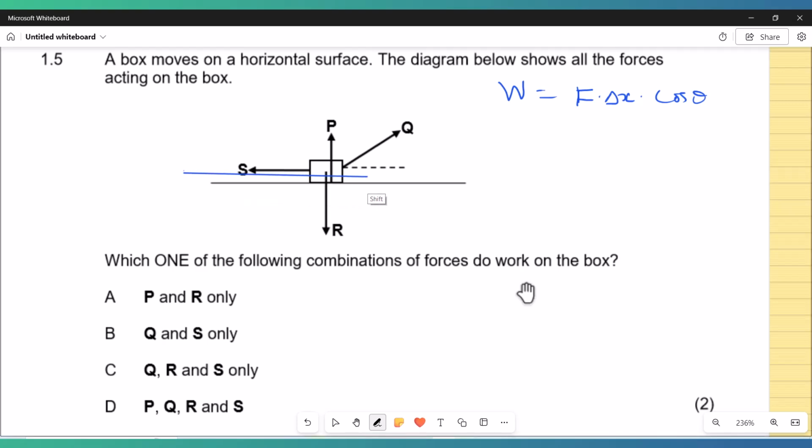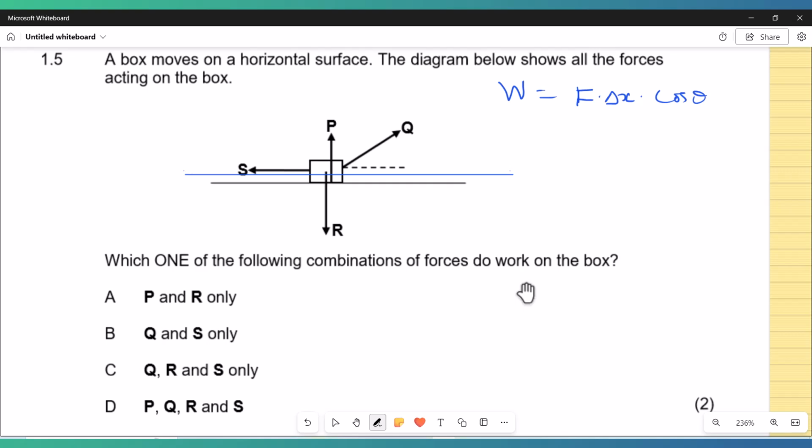So if I draw my horizontal like this, indicating the displacement, or direction of this block, if I consider my force S, what's my theta here? With the force S, my theta is 0. So because of 0, what is cos of 0? Cos of 0 is 1. So being 1 times the F times displacement, I'll get positive work done.